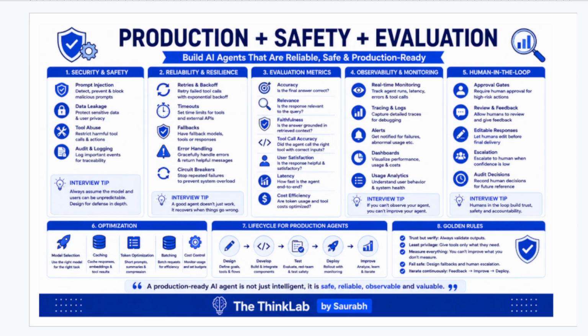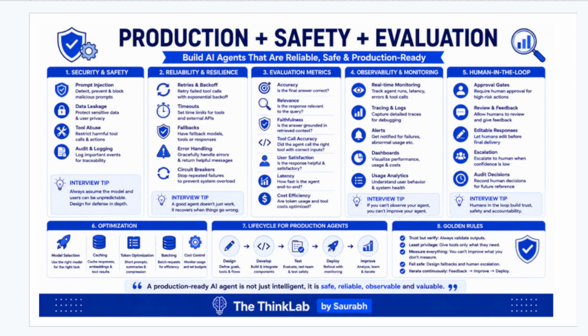We can reduce cost through model selection, caching, token optimization, batching, and choosing the right model to take the right decision. Finally, remember this production principle: trust but verify. Always validate important output, apply least privilege, measure everything, and fail safely. Then iterate continuously. Production AI is not a one-time project; it requires continuous monitoring.